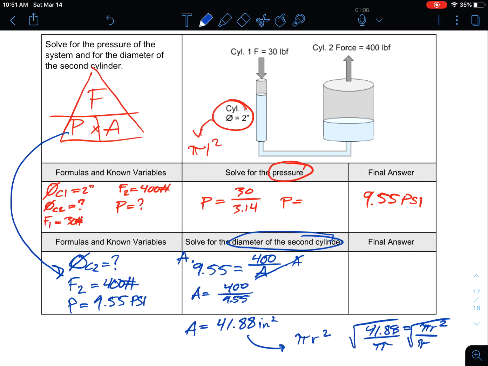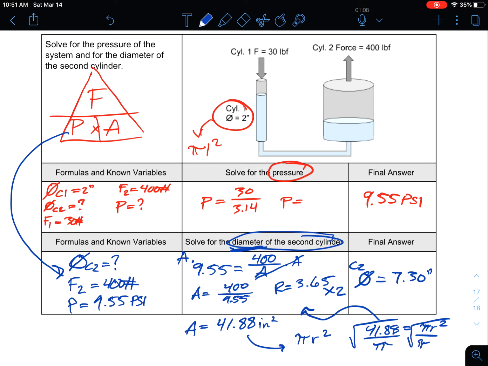We find that radius, r, is equal to 3.65, but we are looking for diameter. So we multiply that by 2, and we get that our diameter at C2 is equal to 7.30 inches.